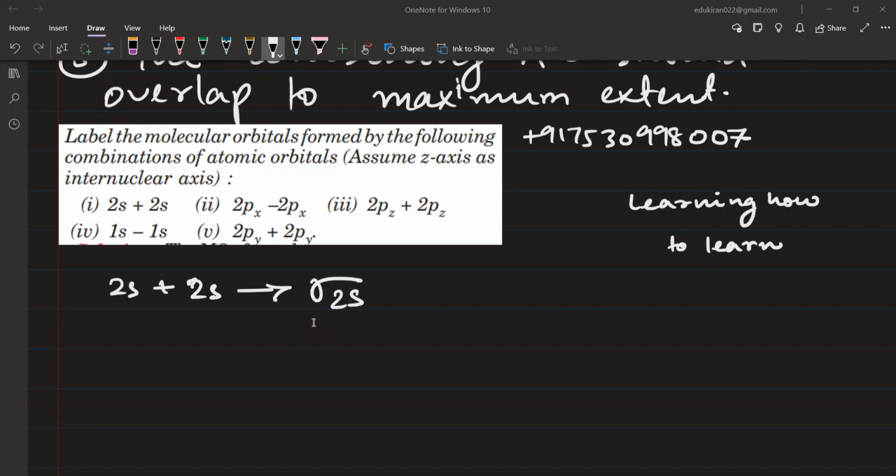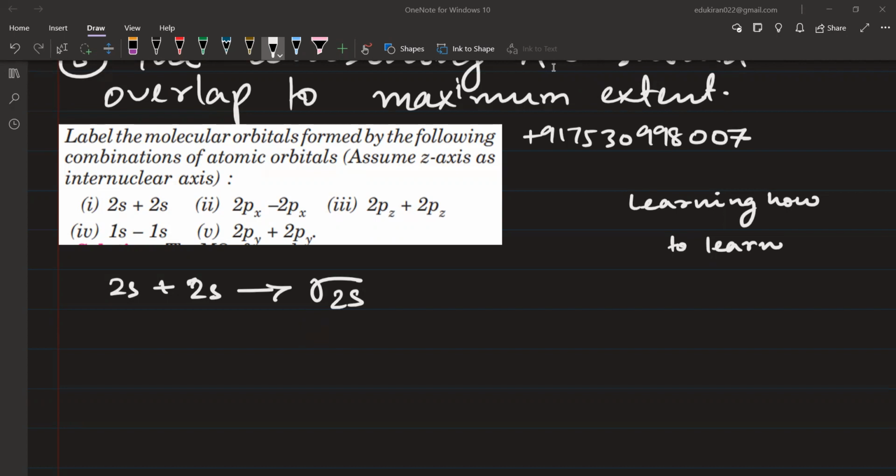Ignoring the handwriting, 2px minus 2px will be correct. 2pz will be. Oh, sorry, one second. Iram, the second is 2px. Iram, you have written 2pz, yes. One minute sir, you wrote the answer correctly, okay, but that is different. Second, Saurabh, that is not correct. Talha, it's fine. Second one.